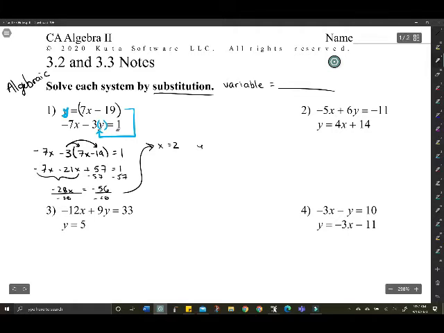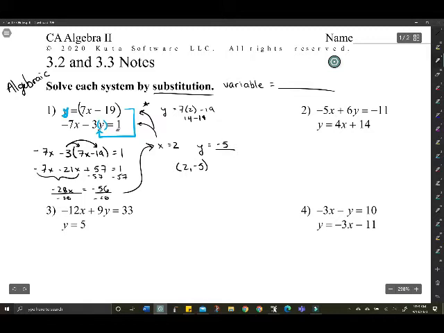You also need to find y. Once you have x, you can substitute it into either one of your originals. I would probably choose the first one because it would be y is equal to 7 times 2 minus 19. 14 minus 19 is simply negative 5. And that is it there.